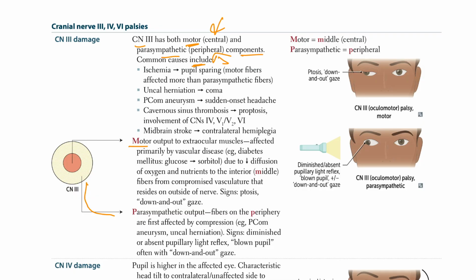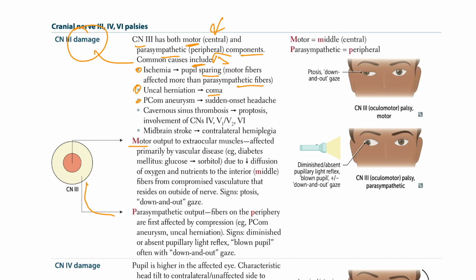Common causes of CN3 damage include ischemia. Ischemia leads to pupil sparing because the motor fibers are affected more than the parasympathetic fibers. And that's high yield, and we will talk about that right now. But here, the second part is uncal herniation leading to coma.